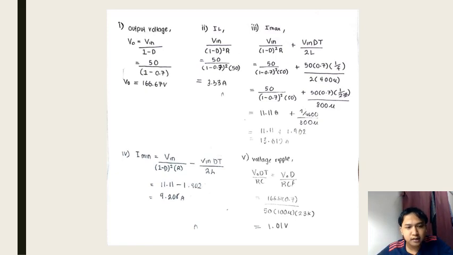Fourth, we calculate inductor minimum current: Vin over (1 minus D) squared R minus Vin D T over 2L, and we get 9.208 ampere. Last, we calculate voltage ripple: delta Vo equals Vo D T over RC, which equals Vo D over RCf, and we get 1.01 volt.